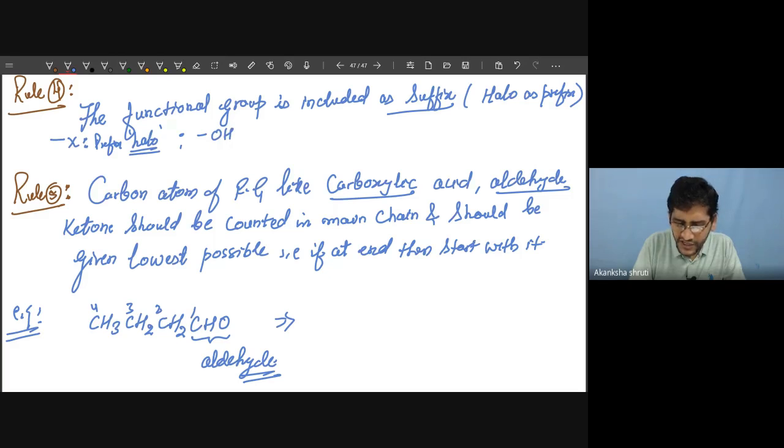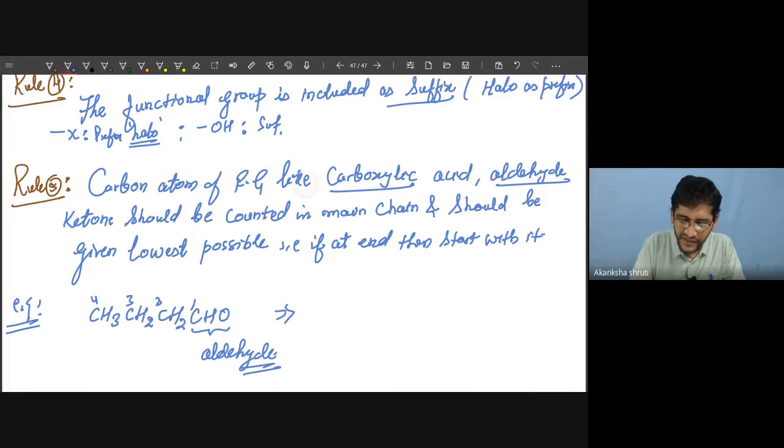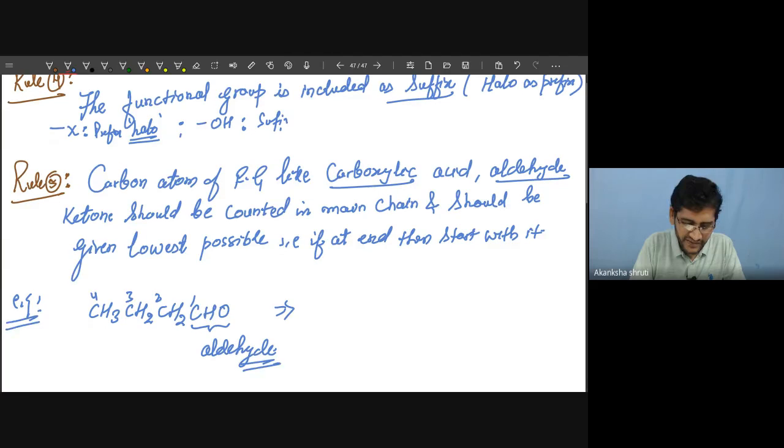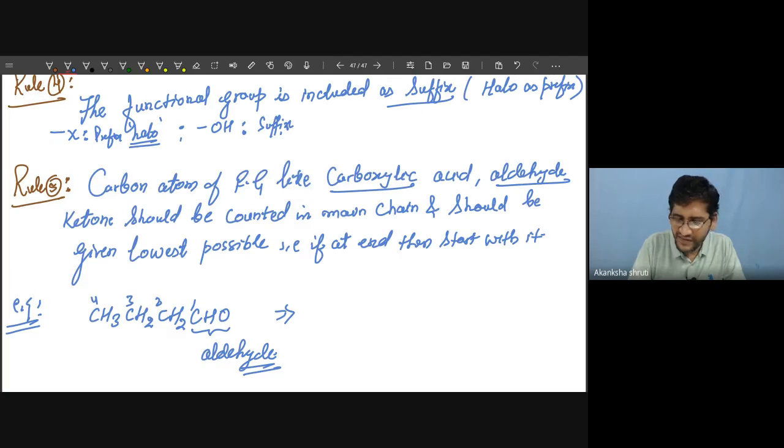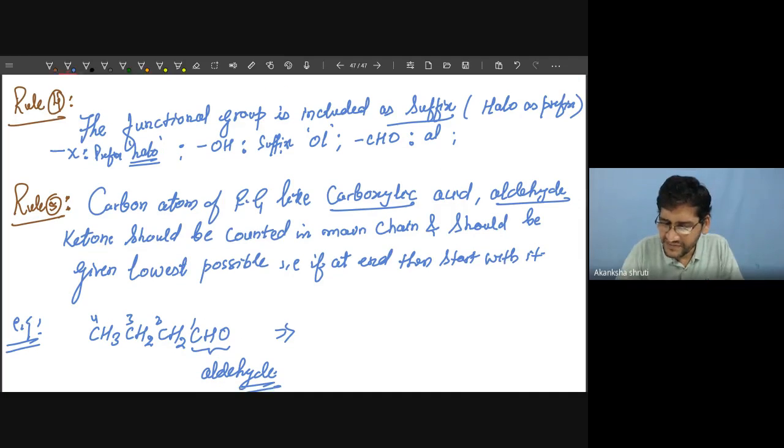If OH is there, then it is the suffix OL by dropping the E. If there is CHO, this unit aldehyde, then at the suffix Al we need to keep in mind.